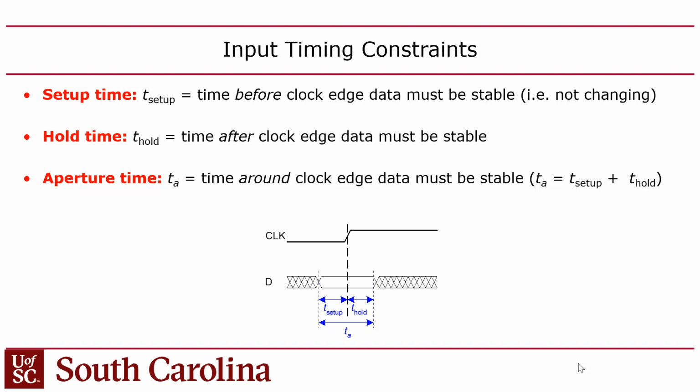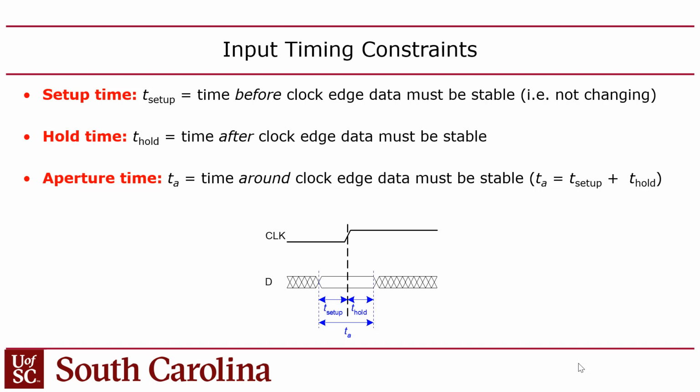But in reality, and that's fine to look at it that way when you're just doing behavioral design, like when you're looking at your QuestaSim when you're designing your circuits. But the real hardware has a requirement that the input to the register, the D, has to be stable for some time before the clock edge.